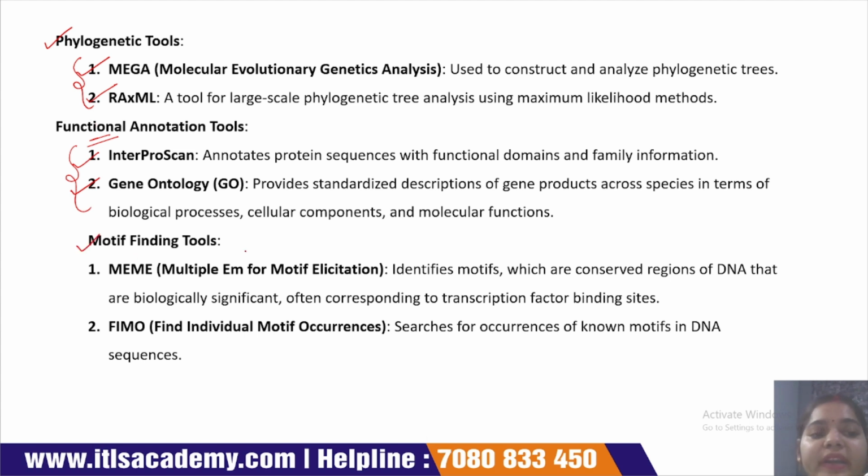Next is a motif finding tool, that is MEME and FIMO. MEME is Multiple EM for Motif Elicitation, that is used to identify motifs or conserved regions in biological sequences. Next is FIMO, that is Find Individual Motif Occurrences.